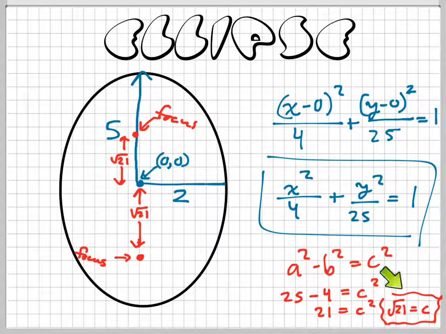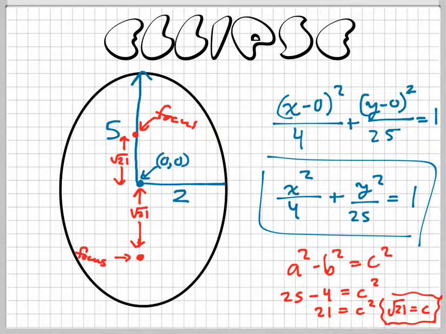C gives you the distance from the center to the focus point. There's always 2 focus points in an ellipse. So there's really 2 problems here. One problem I solved by finding the equation of the ellipse, and the other problem, which was find the focus point, I solved by finding the value of c.